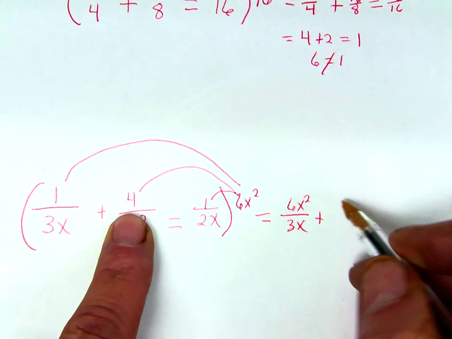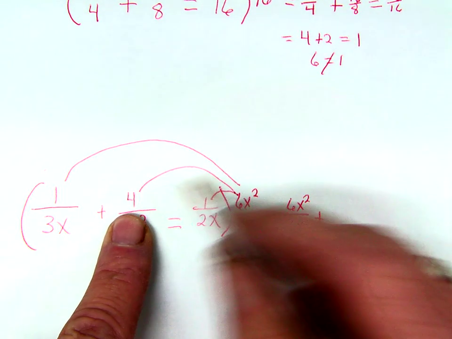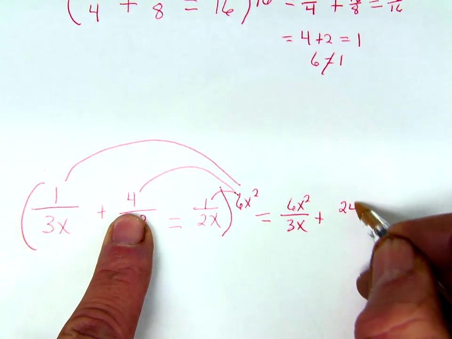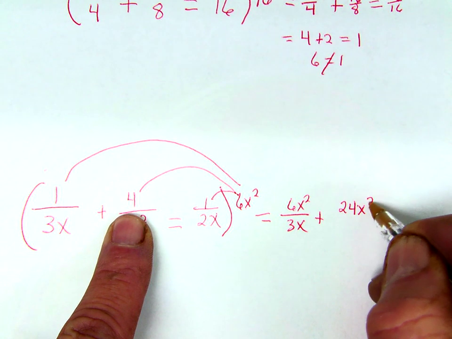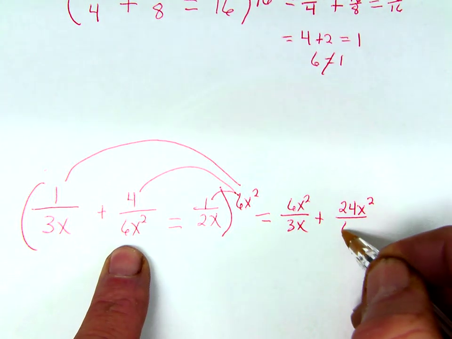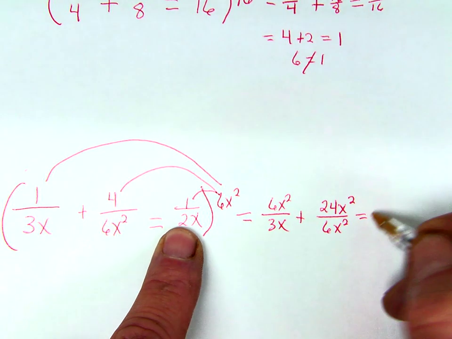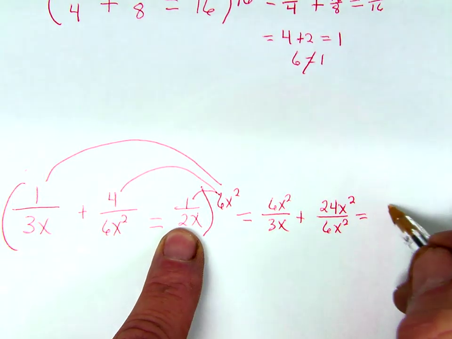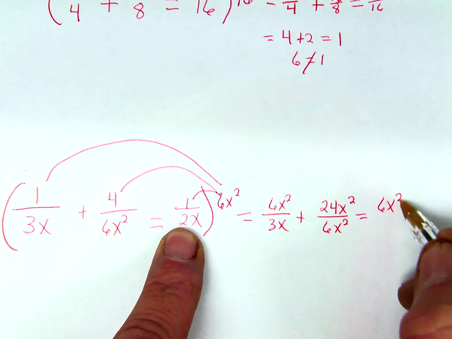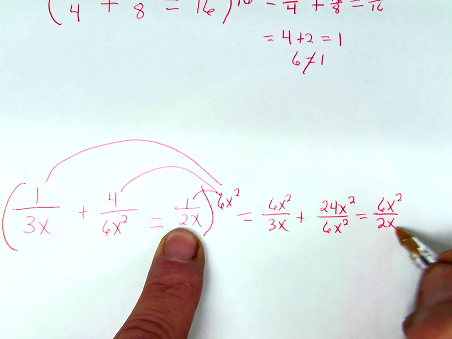Plus 6x squared times 4, 24x squared over 6x squared equals 6x squared times this is 6x squared over 2x.